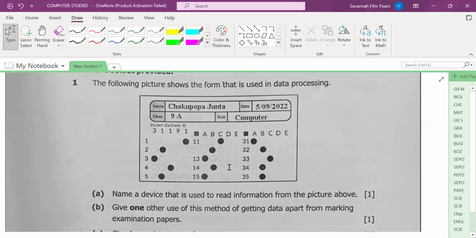So this device here is an optical mark reader. The question: name a device that is used to read information from the picture above. So optical mark reader. Where do I write it? Let me change to red so that it's more prominent. Optical mark reader.